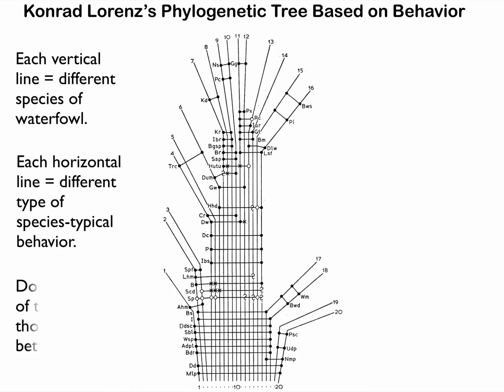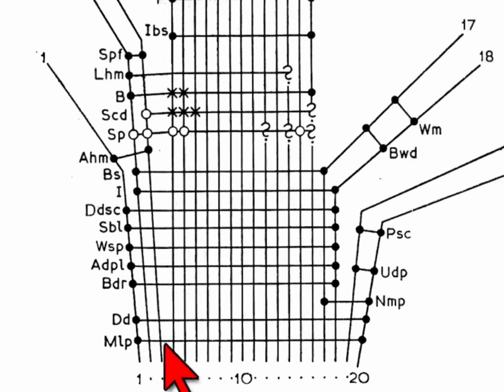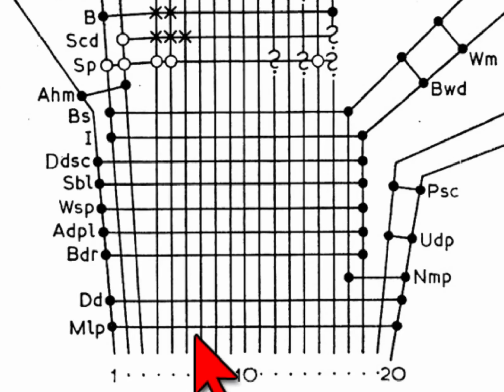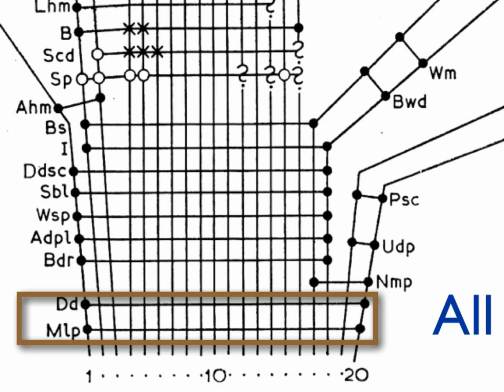And what he's done here is portray them in such a way that the dots represent the presence of the behavior in those species between the dots. So in other words, these guys all the way at the bottom perform all of these behaviors. These guys over here only perform those behaviors. So let's just look at it this way.